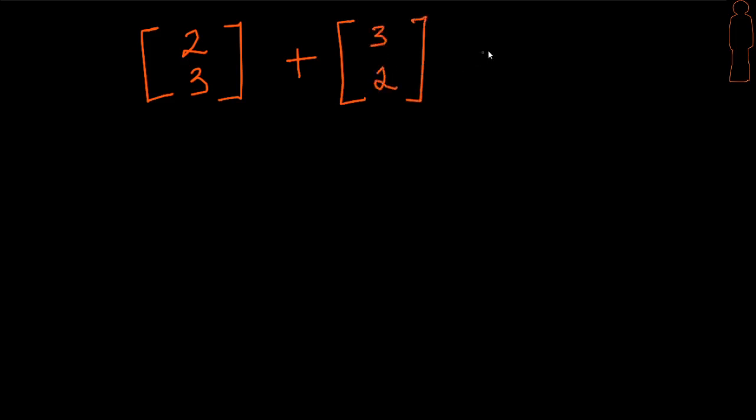So let us try and see how we are able to add these column vectors. Let us say that I have 2 apples and 3 oranges, and you have 3 apples and 2 oranges. Then together both of us would have 5 apples and 5 oranges.